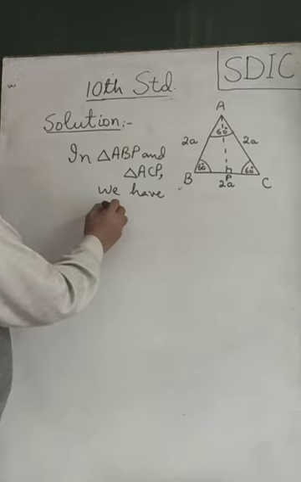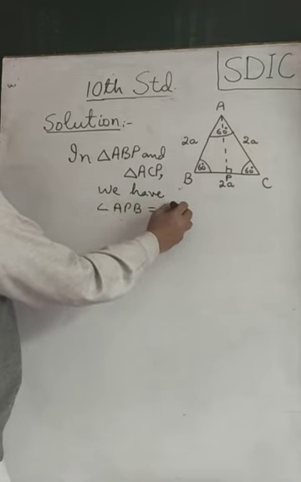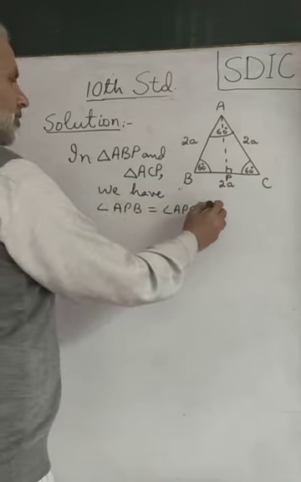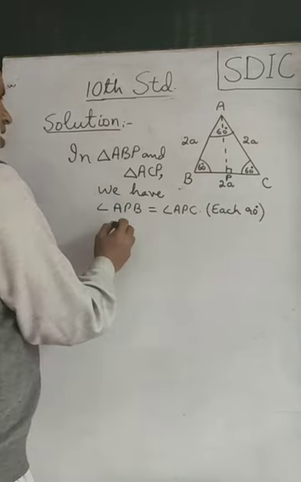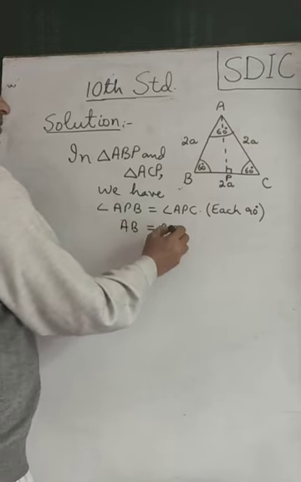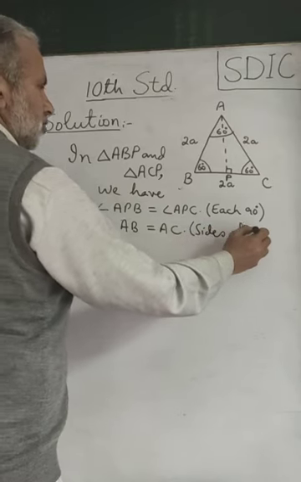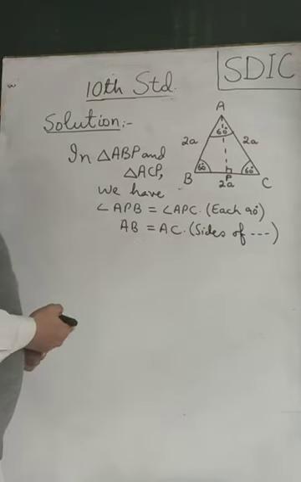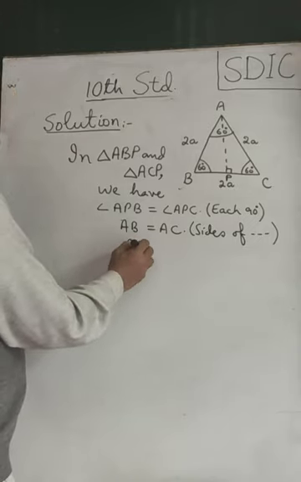So we have angle APB equal to angle APC, each 90 degrees. AB equal to AC, sides of equilateral triangle. AP equal to AP, common side.